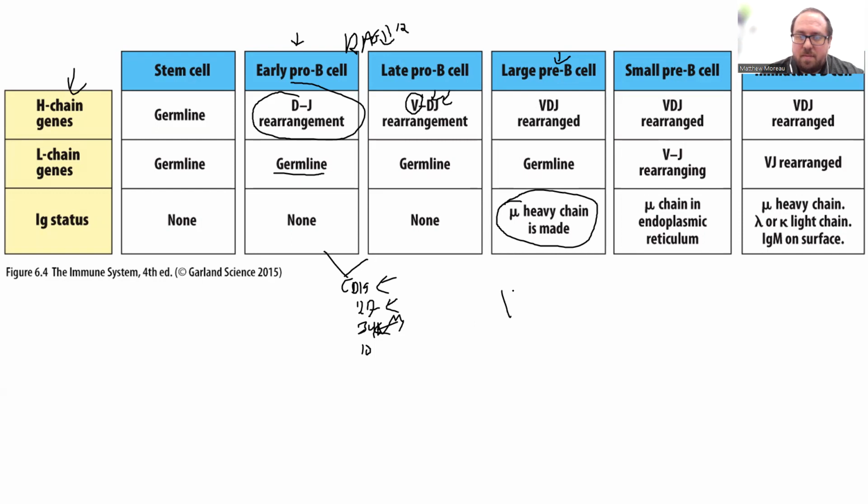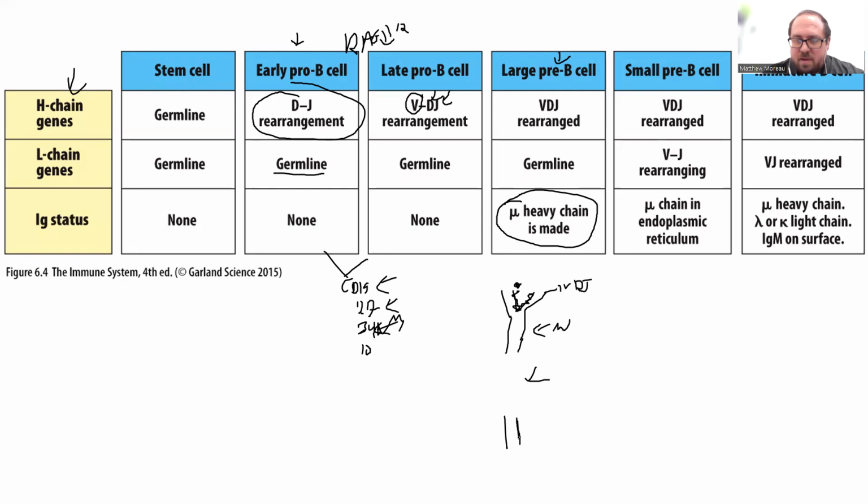So we have the heavy chain like so, and the light chain, and you have VDJ that has occurred in the variable segment of the heavy chain. The light chain has not been made quite yet, but you've now connected this to the mu constant region.